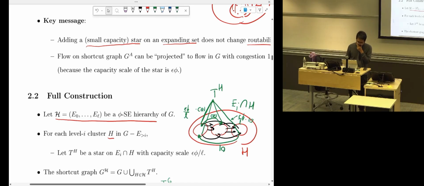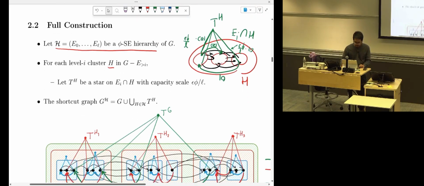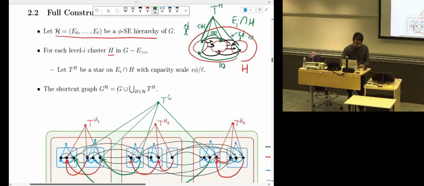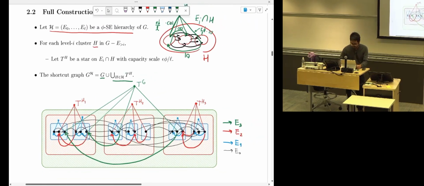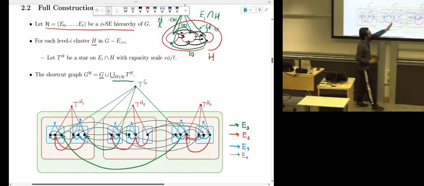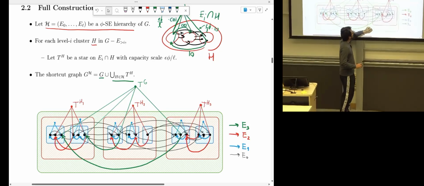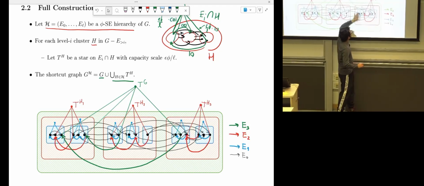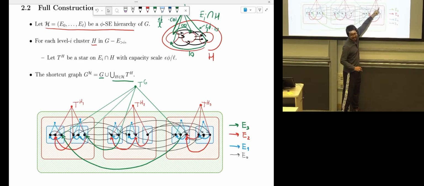So now what we're going to do is, you have a graph, I add a star for every cluster. I have this hierarchy. I look at this cluster, I add a star for this cluster.